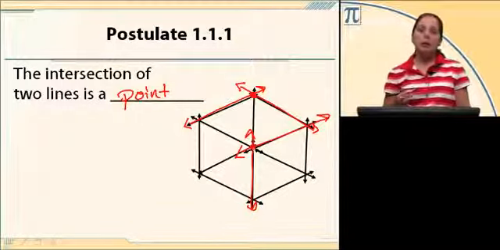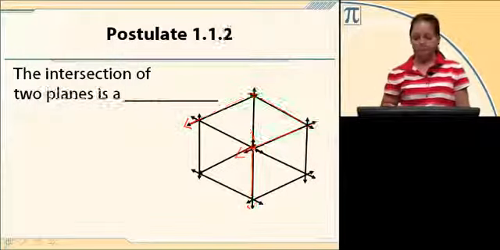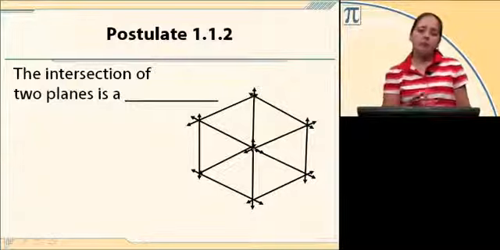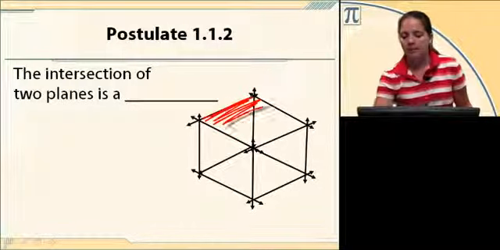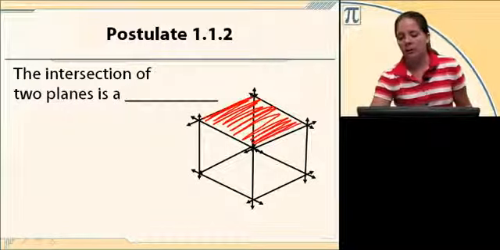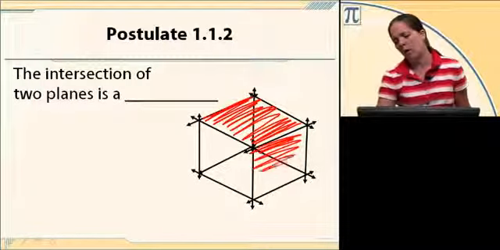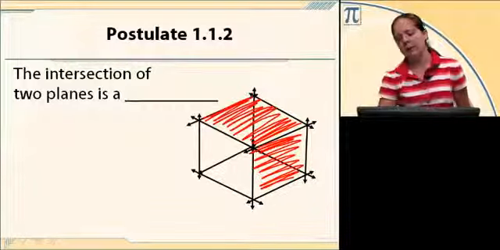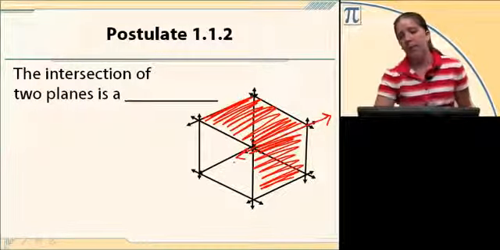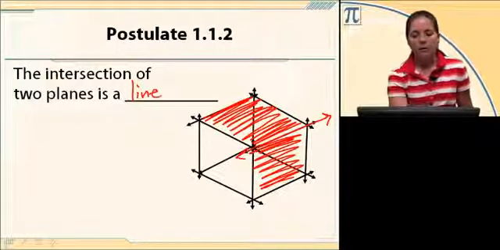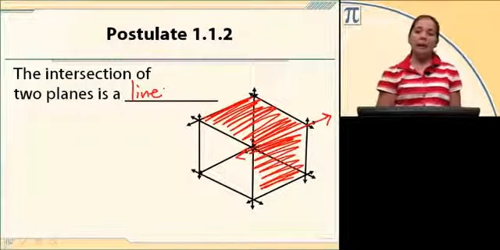So the intersection of 2 lines is a point. The intersection of 2 planes is a, well, let's look at this ceiling or the top of my box here. And we'll look at this wall or the side. So there's 2 planes, and they intersect along that line. So the intersection of 2 planes is a line.